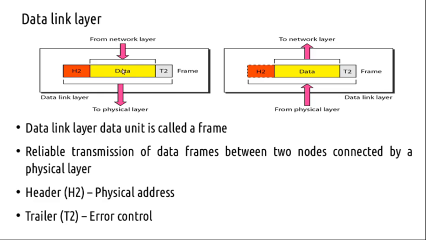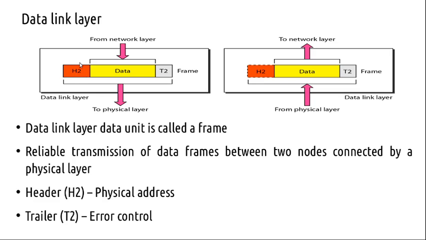The data link layer provides services to the network layer, and the network layer supplies all this data in the form of packets. One role of the data link layer is framing. Framing is an important function of the data link layer. To make frames, it adds a header and a trailer. The header contains the source address and the destination address of the frame.